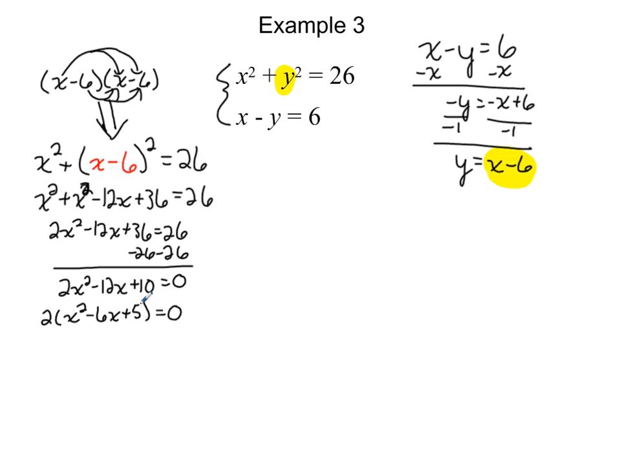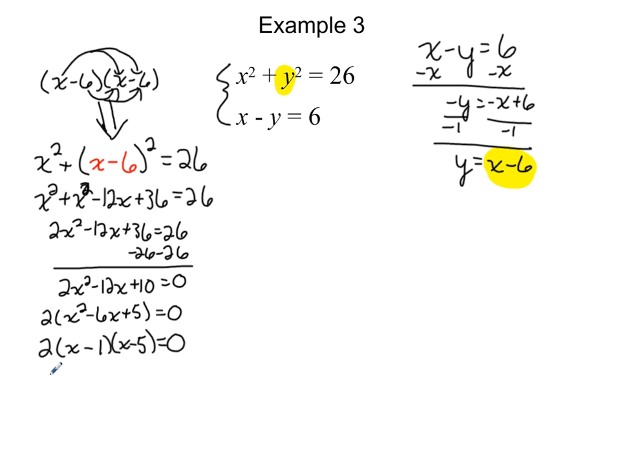Alright, and I already know two factors of 5 that add up to 6, and that's 1 and 5. So I'm going to go ahead and finish factoring this. Alright, so I've got x and x, and then the factors of 5 that give me 6 are 1 and 5. In order for it to be negative, they both need to be negative. So I'm here once again doing my zero product property.